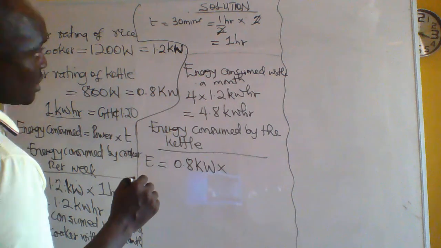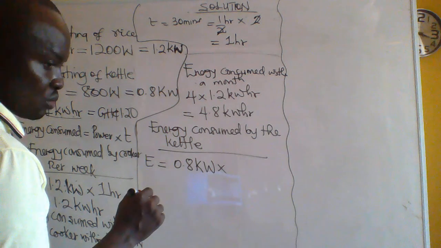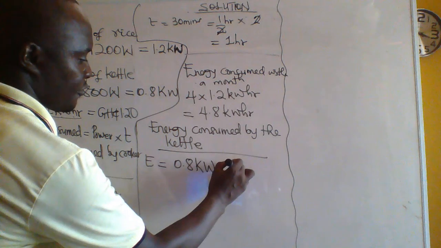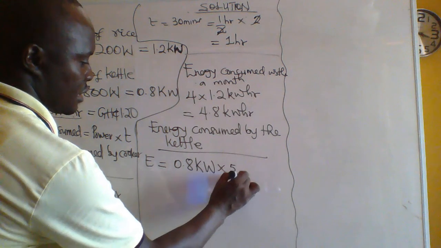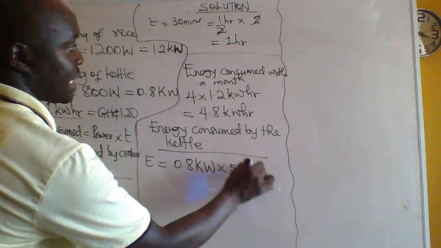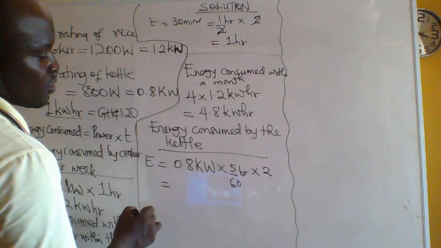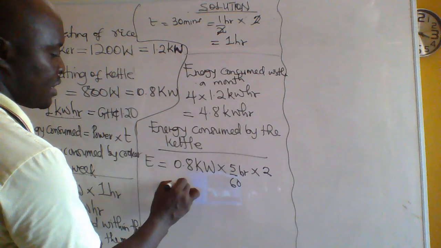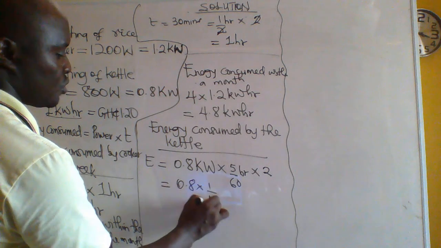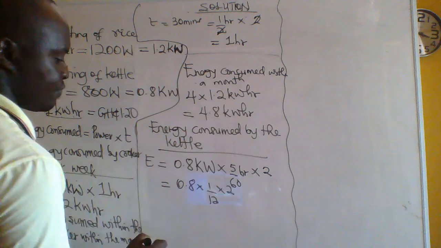She used 5 minutes to boil water, so 5 by 60 in hours, and she does this twice within the week, times 2. So we have 0.8 by 1 on 12 by 2.